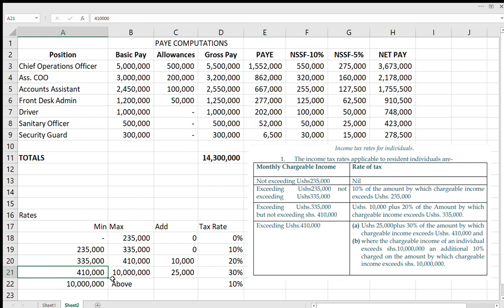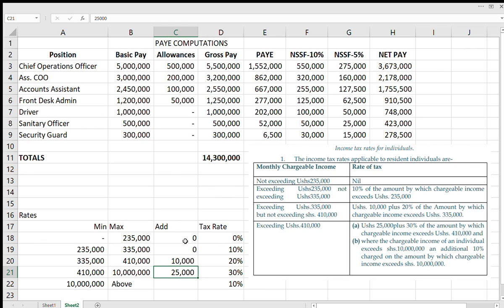Any amount we find has gone above 410,000 shillings, we shall compute the difference between that amount and 410,000. We shall use 30% with that difference, multiply it, and then add back 25,000 shillings.